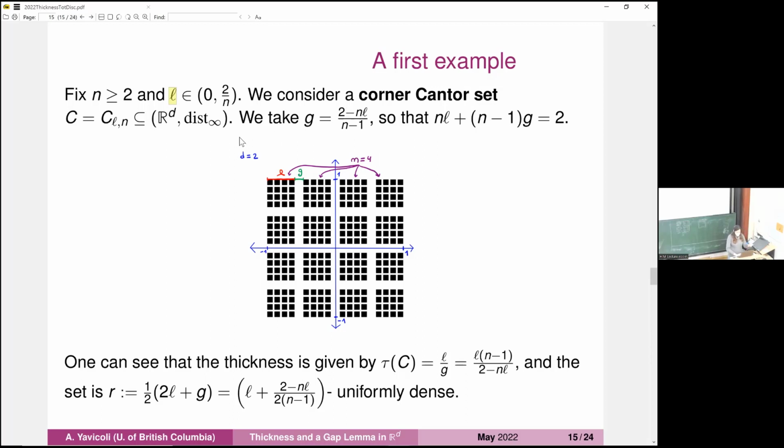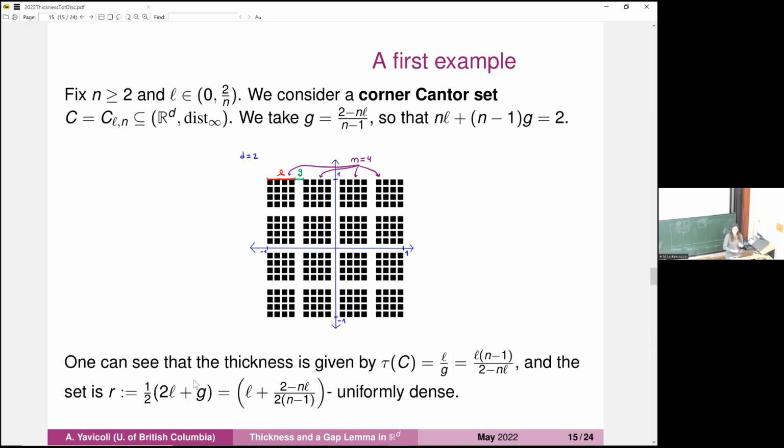So if we consider that, this green distance here has to be, because we are in the [-1,1] square, 2 minus nL over n minus 1.